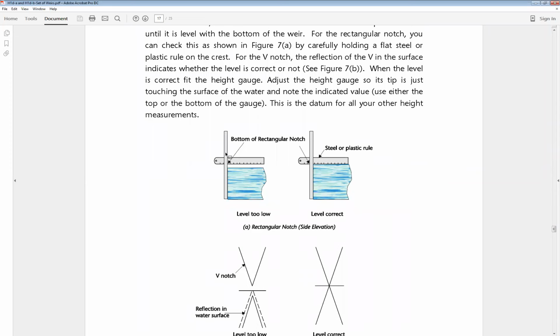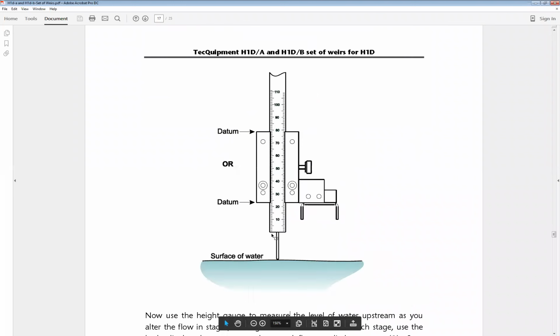Remember, these are the tools that we have, but you need to make sure you use a steel or plastic rule, the vertical ruler, perpendicular, and make sure that it touches the water surface. We'll practice these in the laboratory test to make sure you measure the water surface exactly, not a little bit high or low, which gives some inaccuracies.